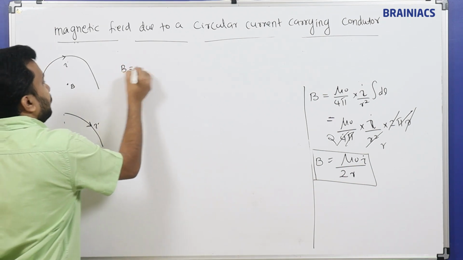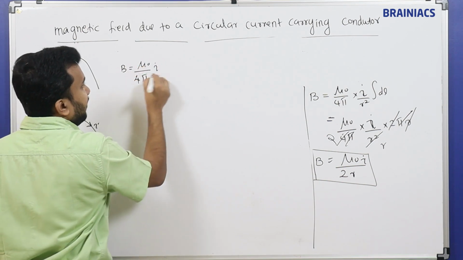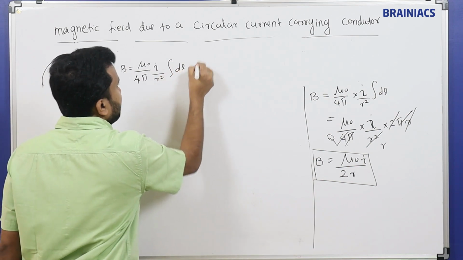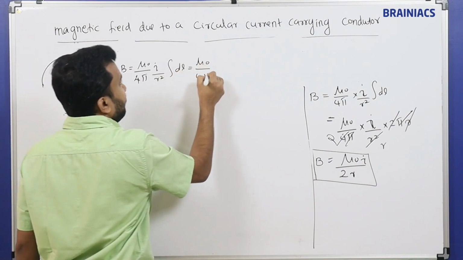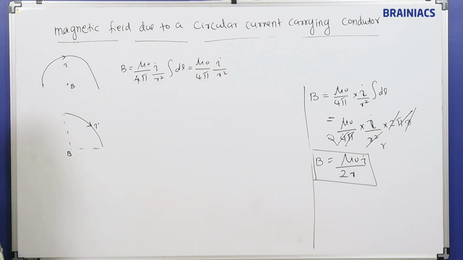B is equal to mu 0 by 4 pi into I by r square into integral dl. What is this integral dl here? Full circle is 2 pi r.